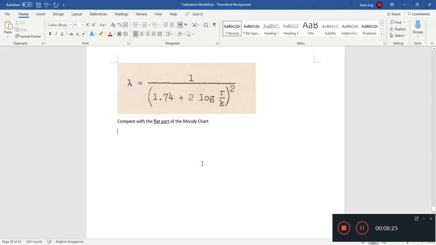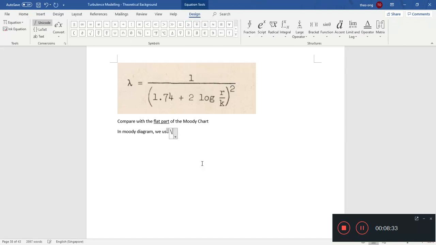So in the Moody diagram, we use epsilon over hydraulic mean diameter. Okay, or it is also the same as epsilon divided by 2R.